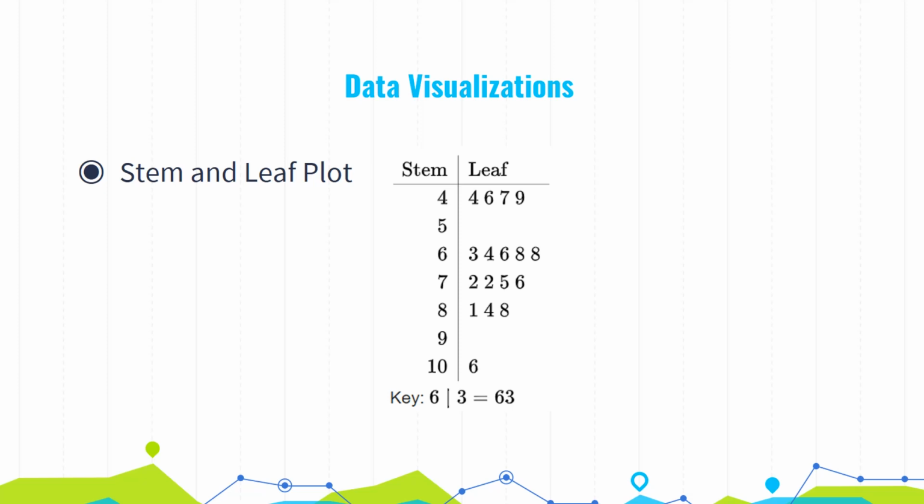So the reason this is useful, it preserves pretty much all of our data at a glance, but it also puts it in order for one thing, and it shows you a little bit of a shape to it. So we can see here, we had mostly in the 60s and 70s, but we did have one little straggler out, 106.